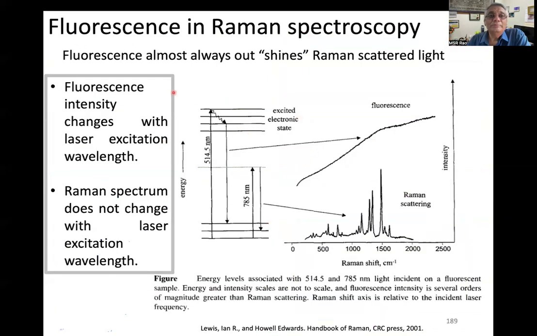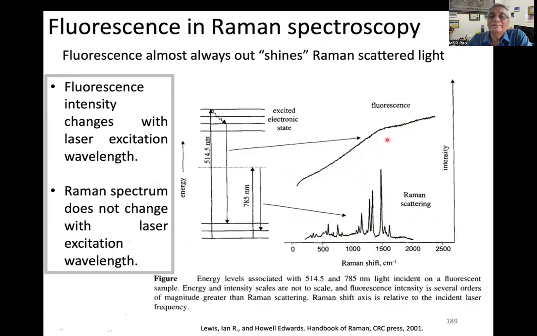This is a good example of how fluorescence almost outshines Raman scattering. You see that fluorescence emission is there, and if the detector is picking this up, all your Raman scattering information is completely buried and lost.